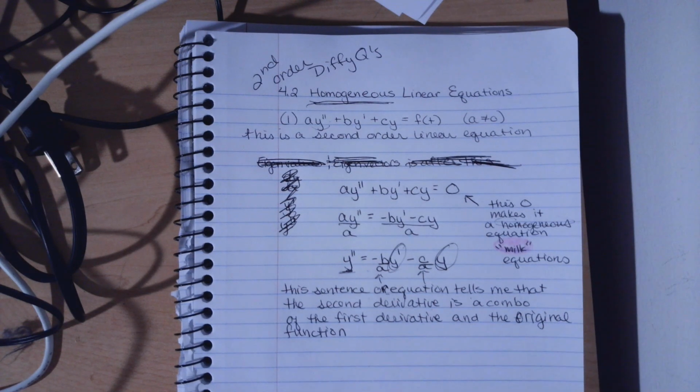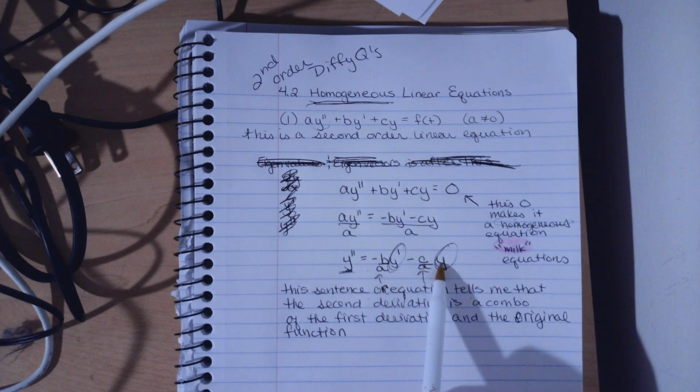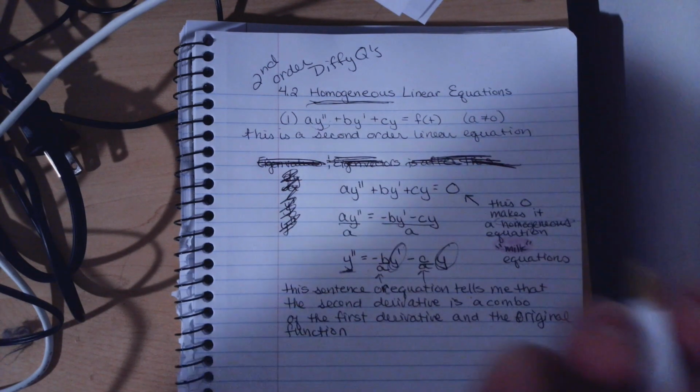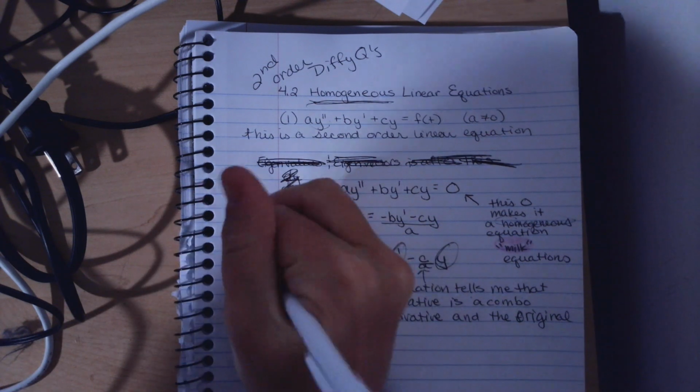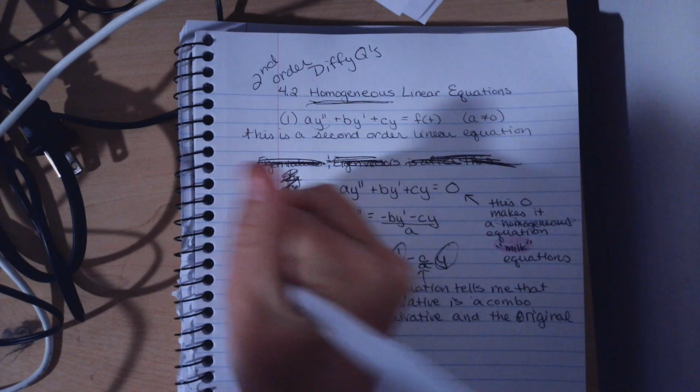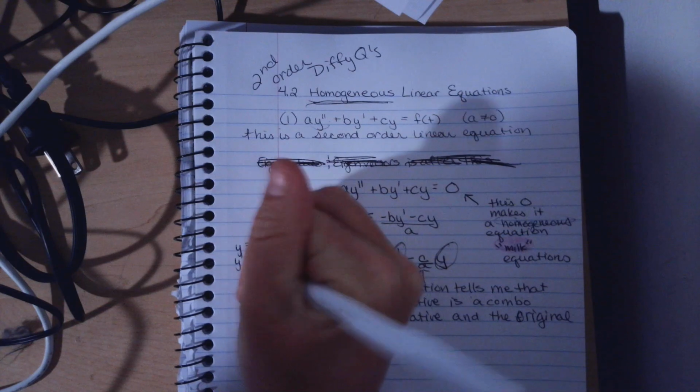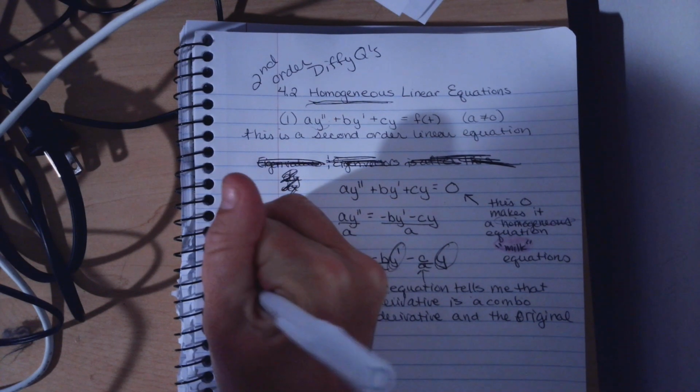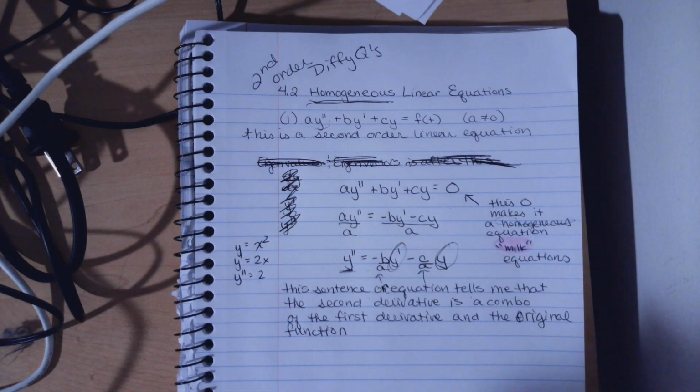What kind of function resembles itself every time you take a derivative? That's what we're looking for here. Because imagine our original function was x squared: y prime is 2x, y double prime is 2.